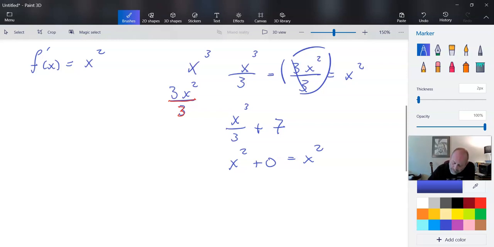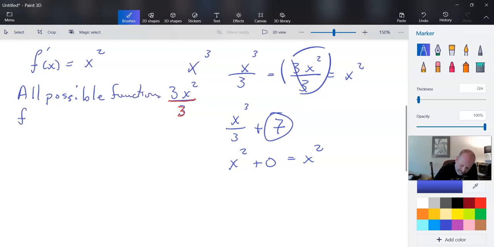And it really doesn't matter what this term is if it's just a constant term. So what we do to compensate for this, and this is a way of giving all possible functions f such that f prime of x is equal to x squared, right?